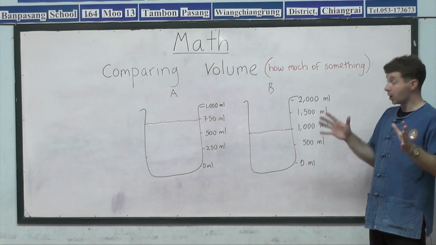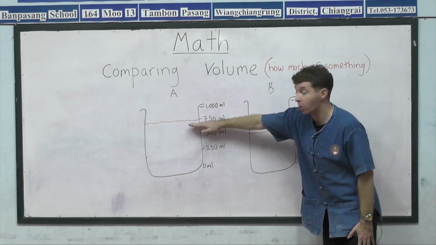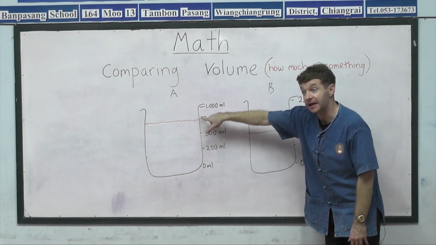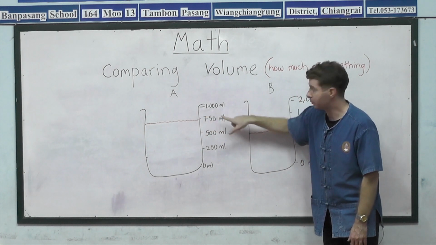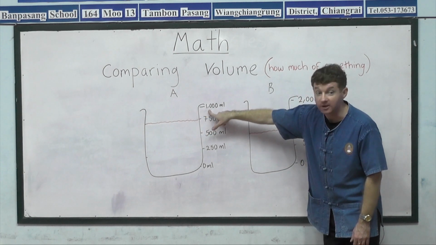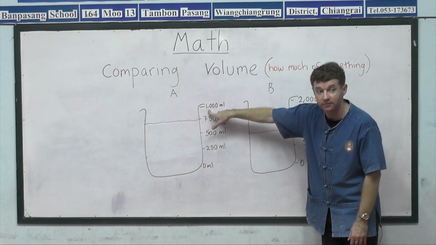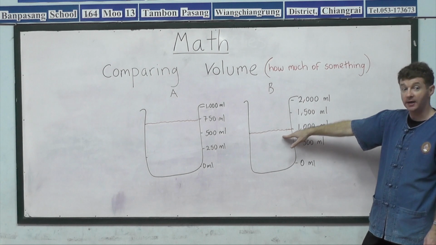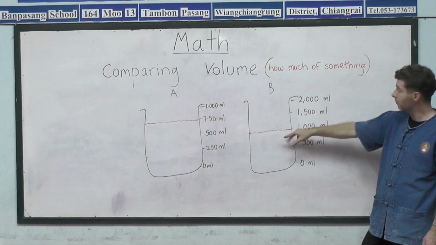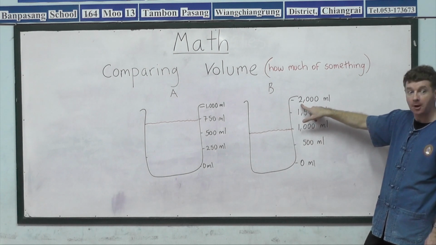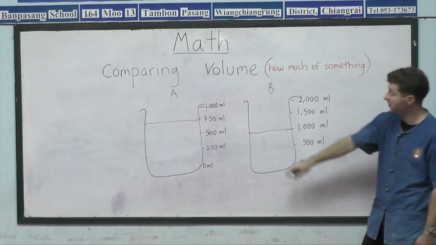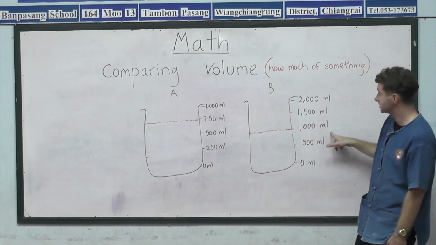Well figured out. We can see the water level is higher in container A, but container A only has a capacity of 1,000. The water level is halfway in container B, but container B has a bigger capacity. It's double. So you did the right thing. We look at the measurements.